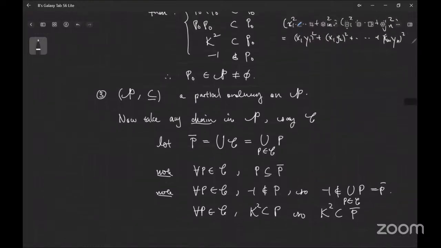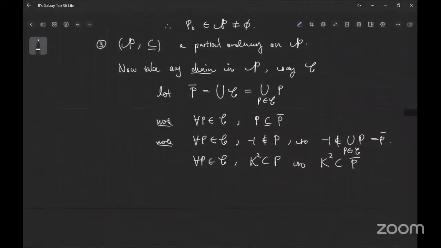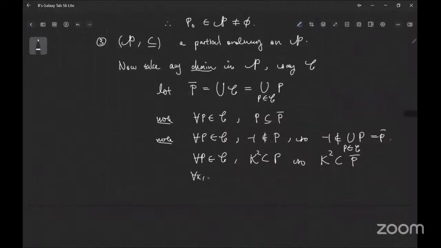And is it closed under addition and product? Yes. For every X and Y in P bar, X is in some P1, Y is in some P2, and without loss of generality, because they're part of a chain, let's say P1 is in P2.